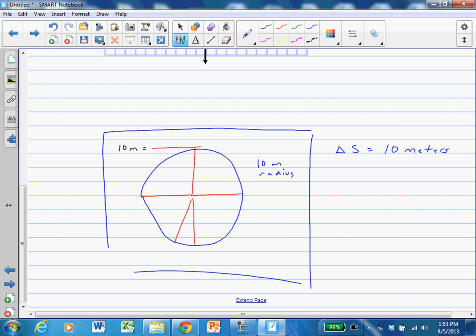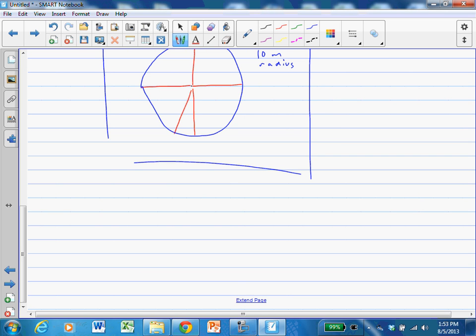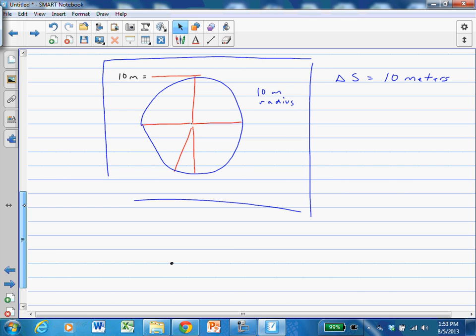Okay? But now say you receive the direction to walk in that gym 10 meters east. Well, we still have our scale up here. That's 10 meters, and if we put on the scale north, east, then 10 meters east would be like that.